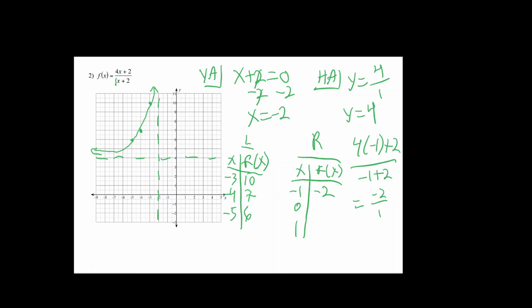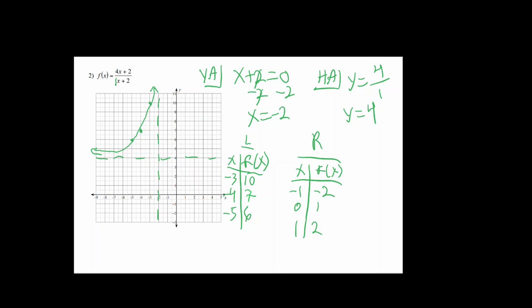So that is just -2 there. Now I take 0 and plug it in, and I'm going to end up with 2 over 2 there. You'll end up with 1. Take 1 and plug it in, you get 6 over 3, and that becomes 2. Don't believe me? You could do PEMDAS on your own when you plug in those x values.